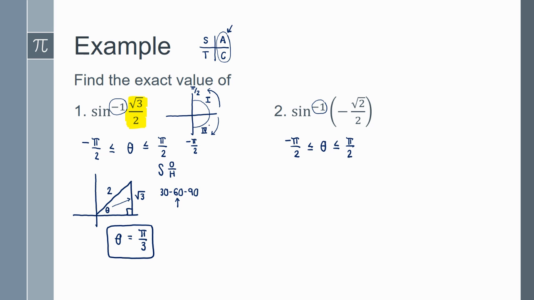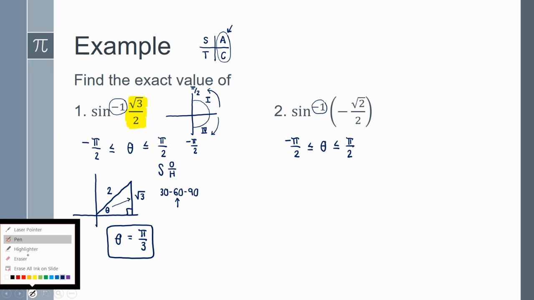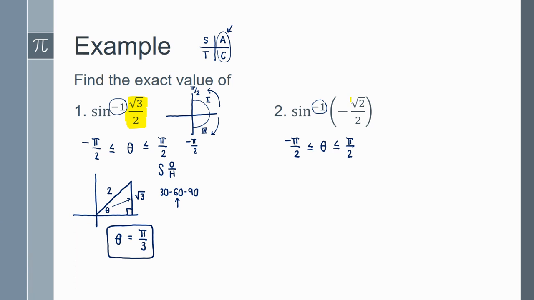So once again, going back to the first problem, that means we're either in the first or in the fourth quadrant. Now notice that this time, the ratio that is given to us is a negative ratio. Remember, in the first quadrant, all of the ratios are positive. So because this ratio is negative, that tells us that we are going to fall in the fourth quadrant.